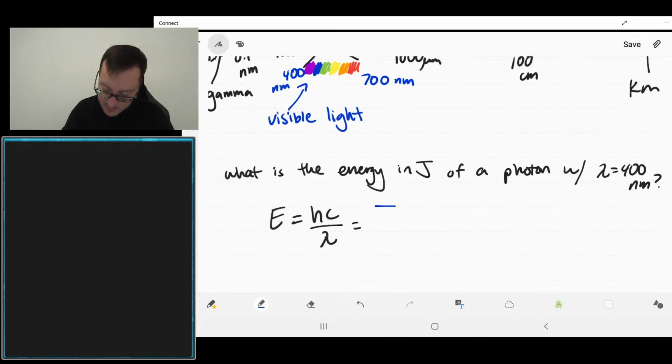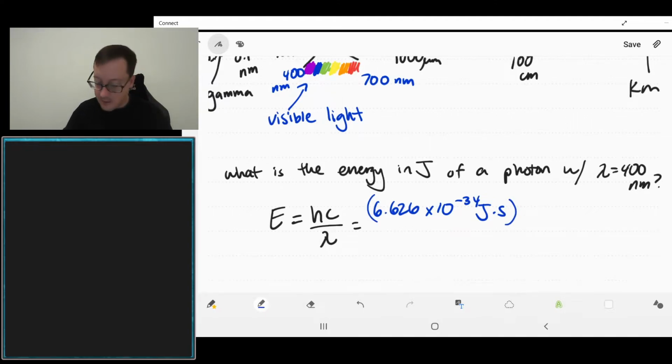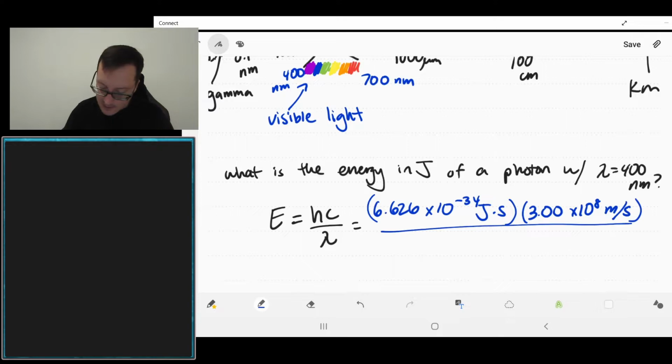Planck's constant, I'm just going to write for us. You'll get very familiar with it as you do the homework for this. Speed of light. And then we have 400 times 10 to the negative ninth meters. Remember, nanometers is 10 to the negative ninth.